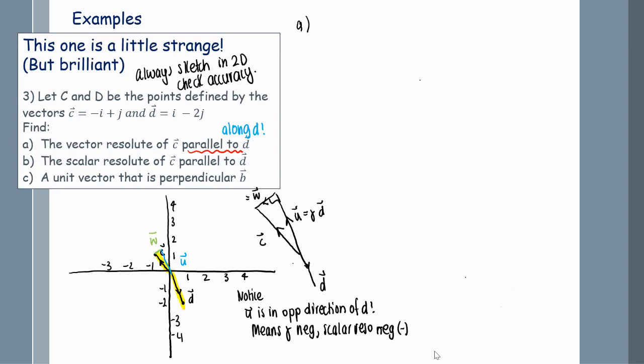We still know that W, in this case, be careful of the vector letters they give you, so W will still be minus U, but this time plus vector C. Again, you can rewrite this as C minus gamma D.